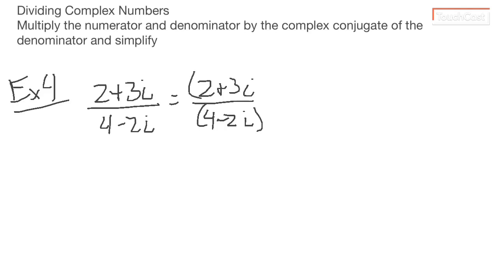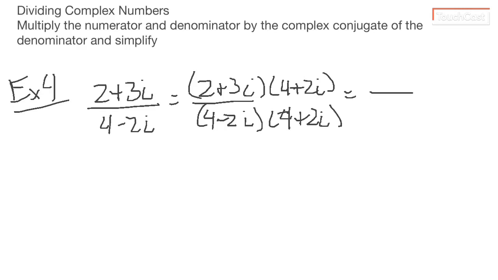We're going to multiply both of those by 4 plus 2i. The point of doing this is we're trying to put it into standard form, and we don't like having imaginary numbers in the denominator of any type of fraction. Now, in our denominator, we're just going to have 4 squared plus 2 squared. We talked about that in the last slide.